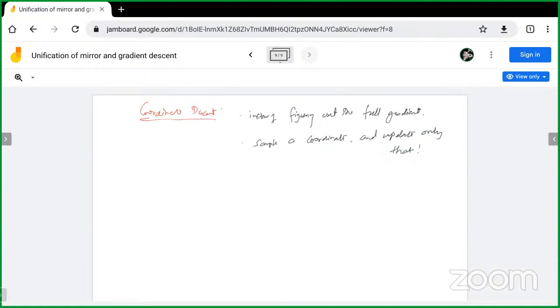We have the directional derivative. And the idea is that, because of sampling, in expectation you'll end up updating along the full gradient.